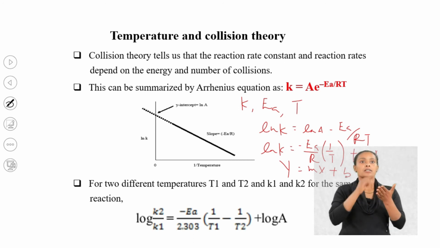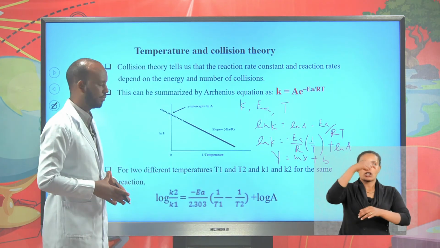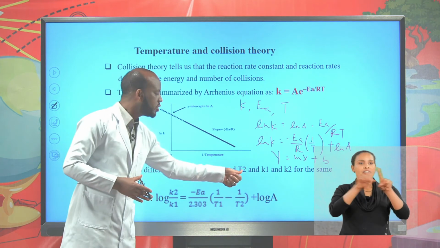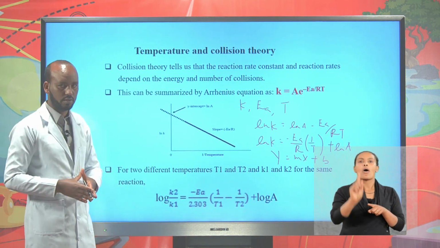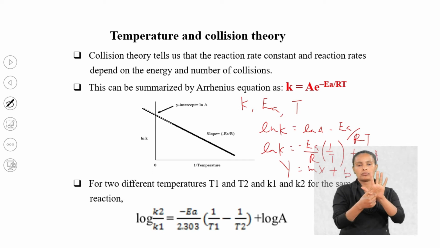This is the relation between rate constant and temperature. For two different temperatures, T1 and T2, and K1 and K2 for the same reaction, log K2 divided by K1 equals minus Ea divided by 2.303 R into 1 over T1 minus 1 over T2 plus log A.